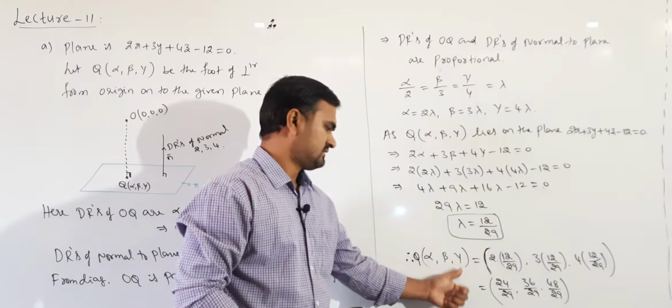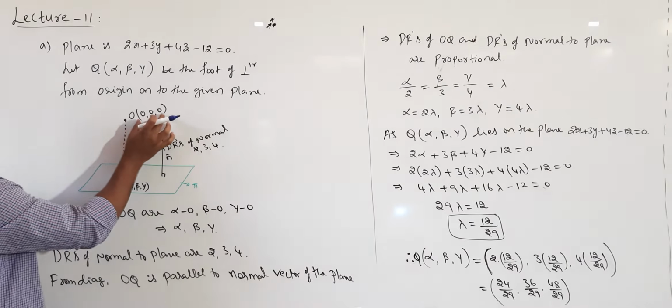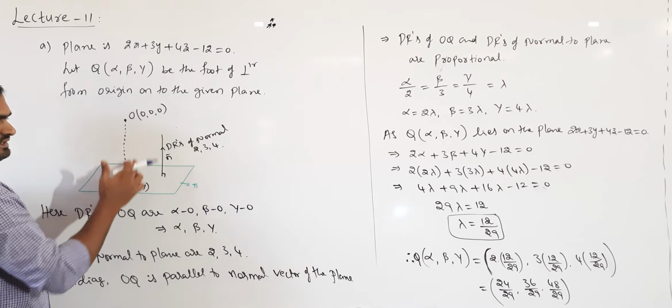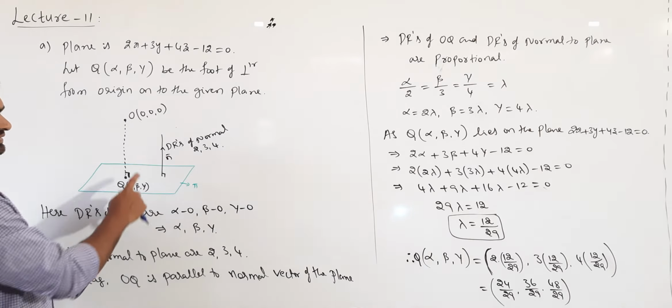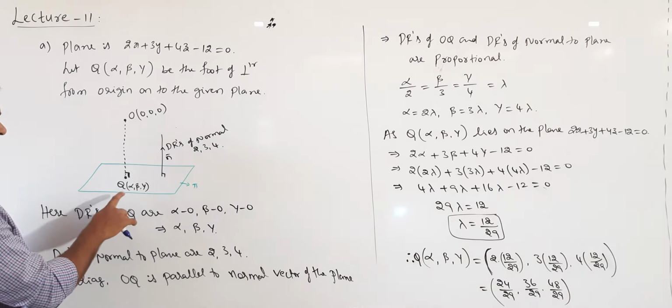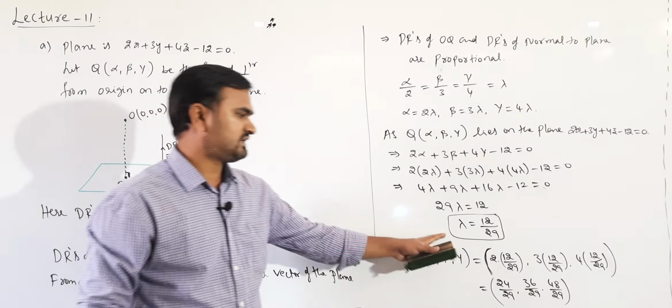So the concept we are using is, when an origin is given, not only origin, any point, we can take the drs of OQ, and we know the drs of the normal to the plane. These two are parallel, so the drs are proportional. Another concept is that the point Q lies on the plane; substituting, we can find lambda.